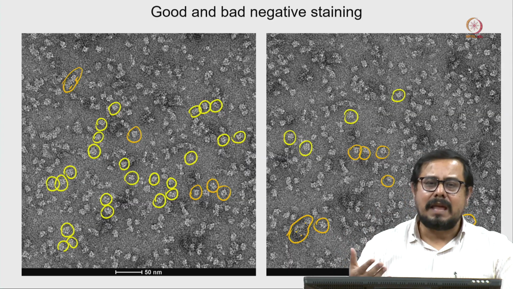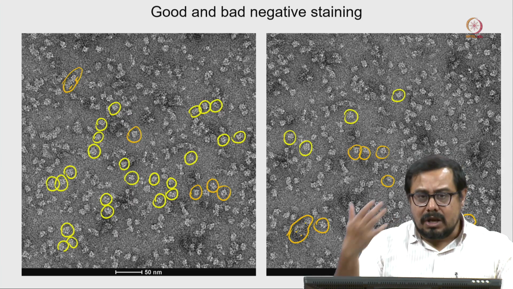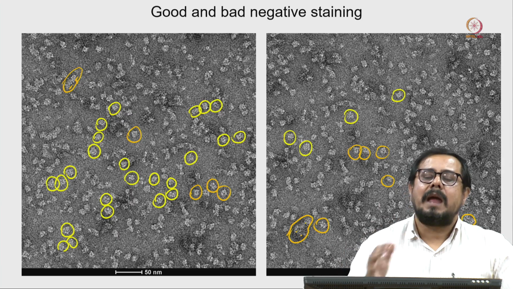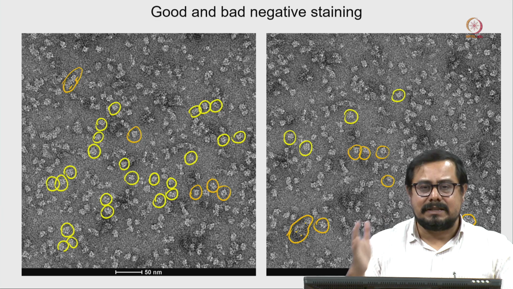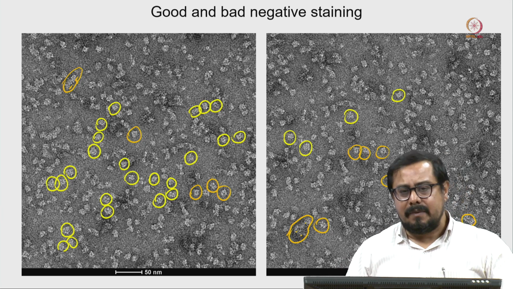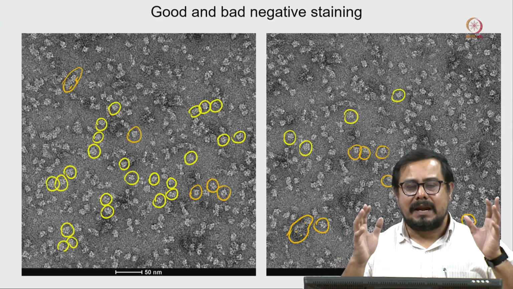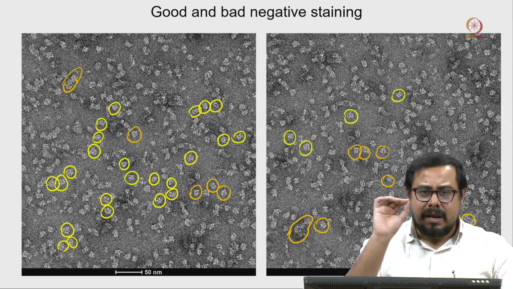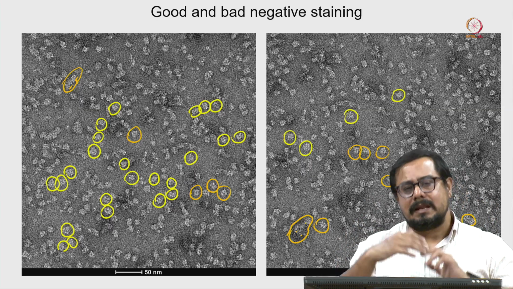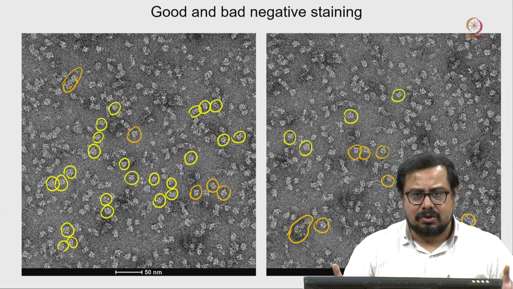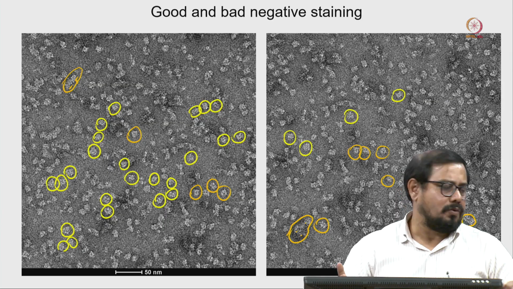The average we calculate is called the 2D average, and that technique is called 2D classification. When we have very nicely distributed protein molecules, that really helps us to pick the single molecule and then make averages of those protein molecules.